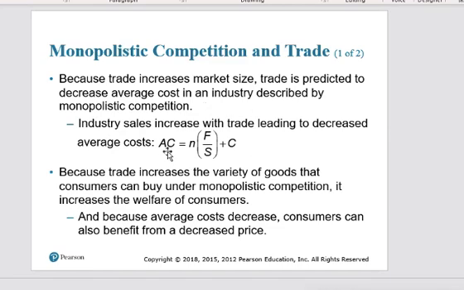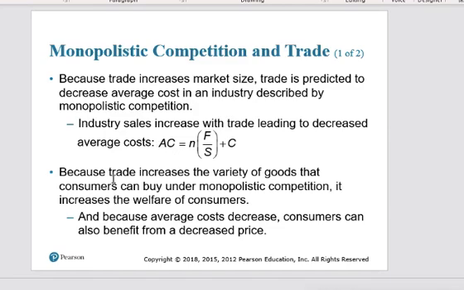And so the average cost is expressed in terms of fixed cost over sales. When the market is larger, then the sales is higher, then the average cost is lower. This goes up, then AC goes down.